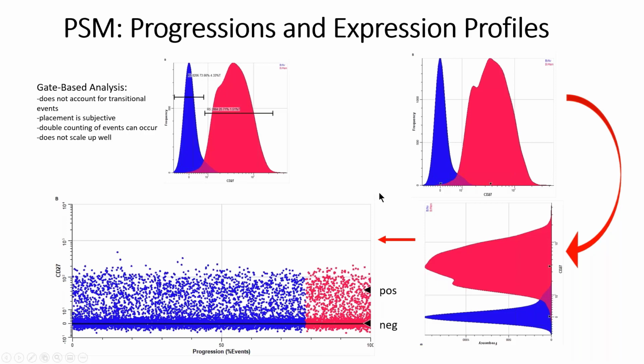To become an expression profile, again, the events are distributed evenly along the expression profile. The x-axis is called cumulative percent. Progression here, it's percent of events. We can see the black triangles, which identify the negative and the positive population for CD27.